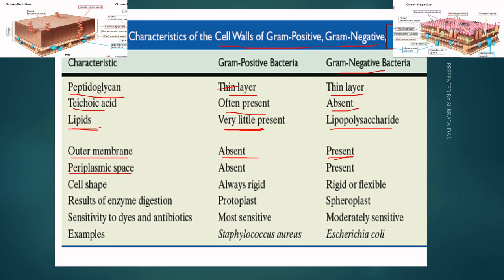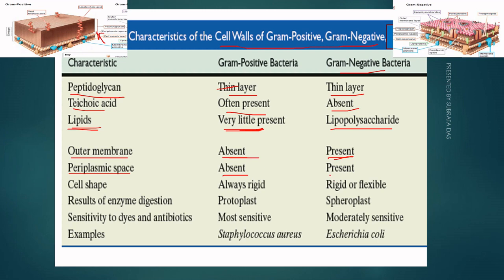Periplasmic space is very less in gram positive bacteria because the peptidoglycan layer is very compact and thick, and they only have a cell membrane and the peptidoglycan layer. So the space between this peptidoglycan or cell wall and the plasma membrane is very less. That's why periplasmic space is mainly absent in gram positive bacteria.